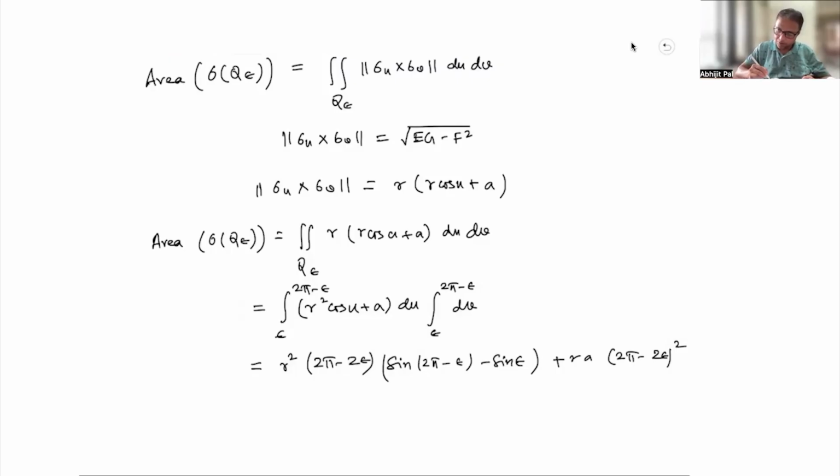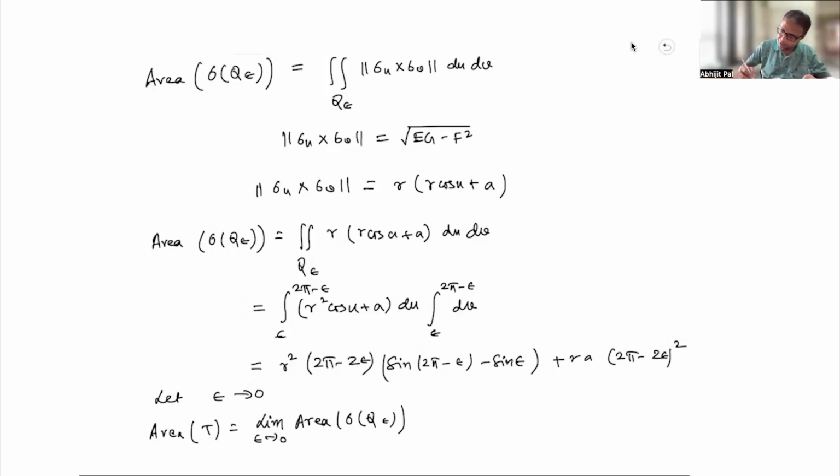Okay. So now let epsilon tend to 0. The area of this torus will be equal to the limit as epsilon tends to 0 of the area of sigma Q epsilon.